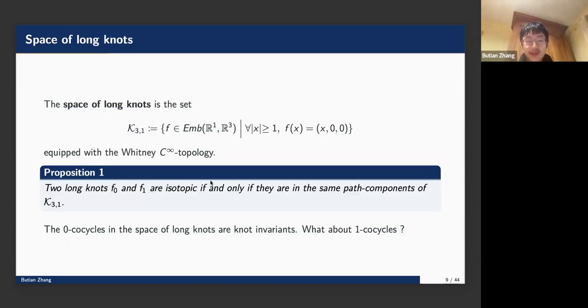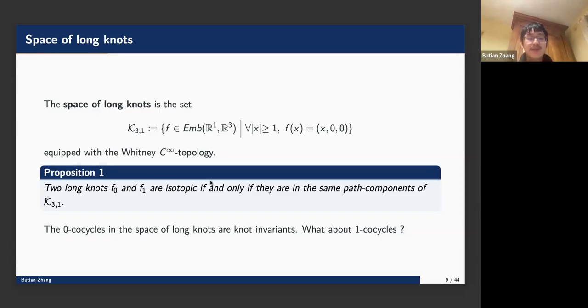So in this C infinity topology, two long knots are close to each other if up to some fixed order, the derivatives are close to each other at each point.